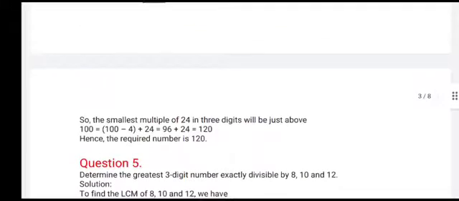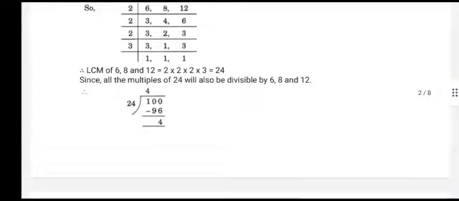So the smallest multiple of 24 that is a 3-digit number will be just above 100, that is 120. Here we got the LCM as 24.